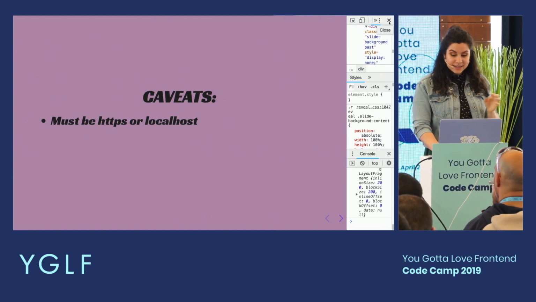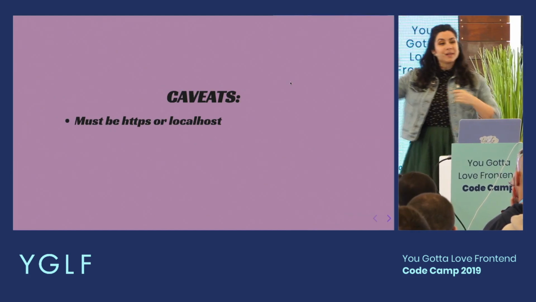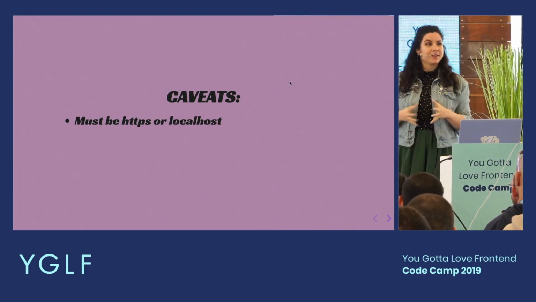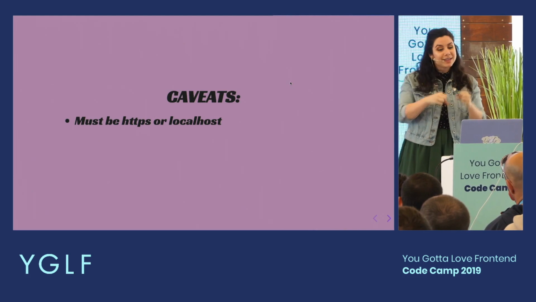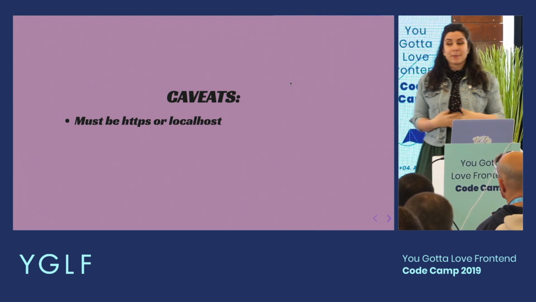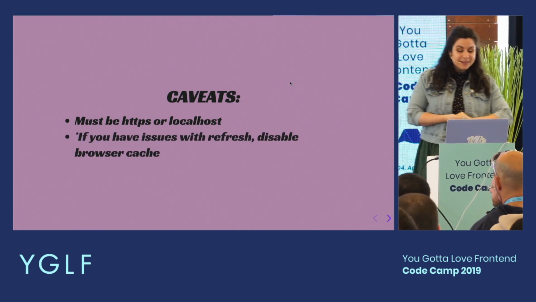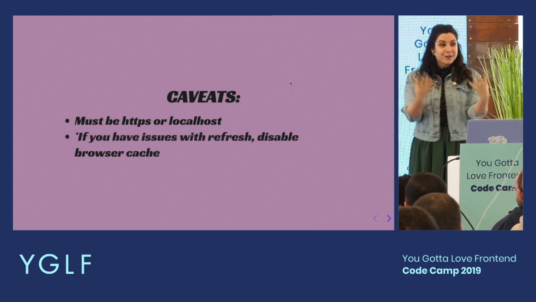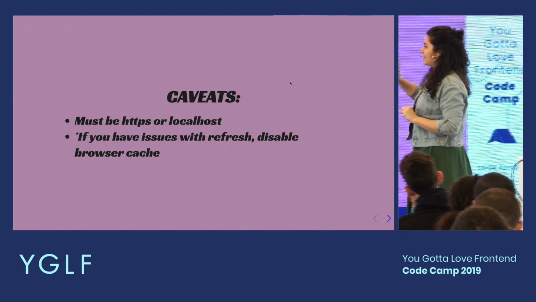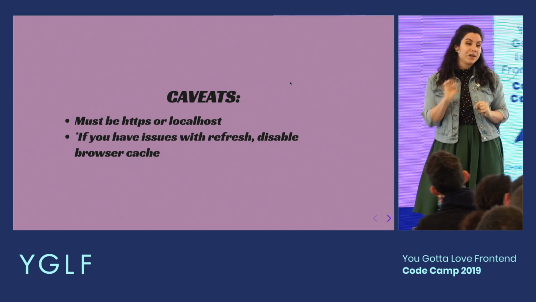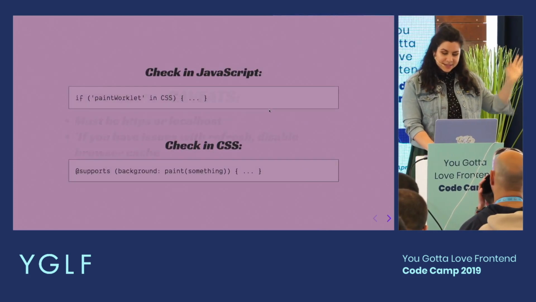Also, caveats are that you must use HTTPS or localhost for reasons I went over, because you're sort of outside of your browser bubble, and we get a lot of great benefits for that, but it could be bad for security. And also, if you have issues with refreshing, sometimes disabling your browser cache helps. I had a setting for disable browser cache when DevTools is open, thought that it would fix that other problem, but, you know, it works every other day.